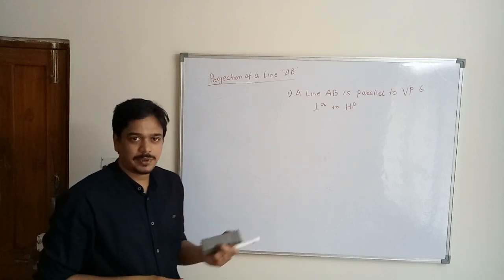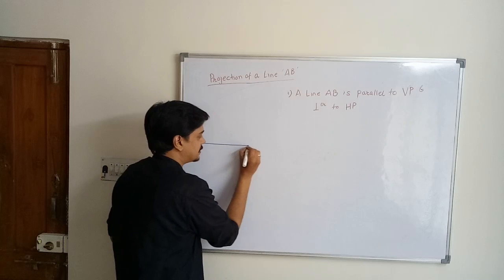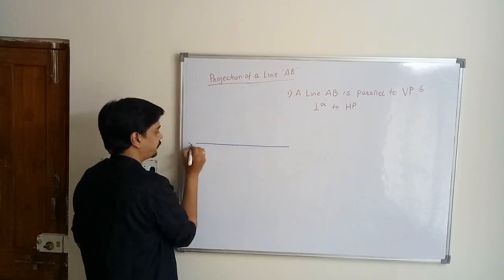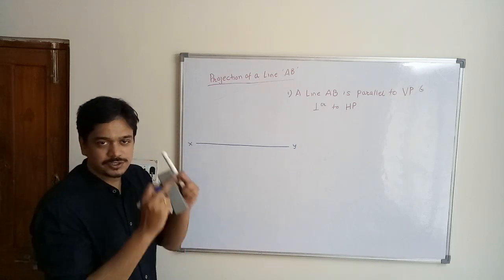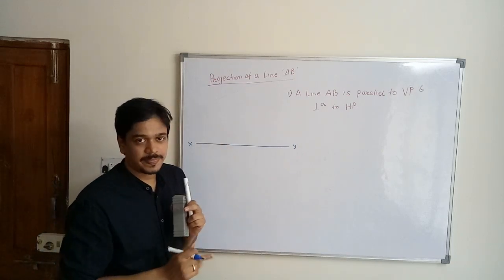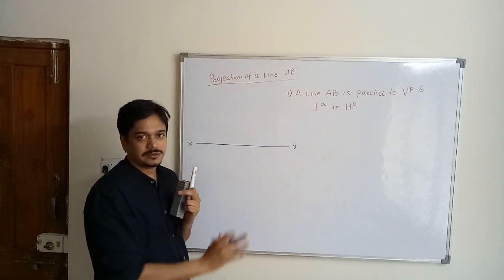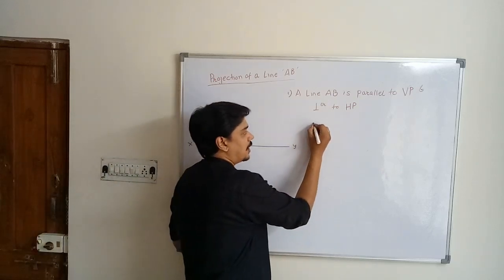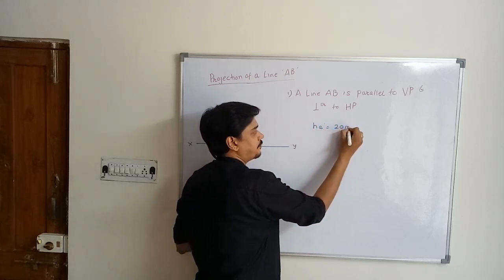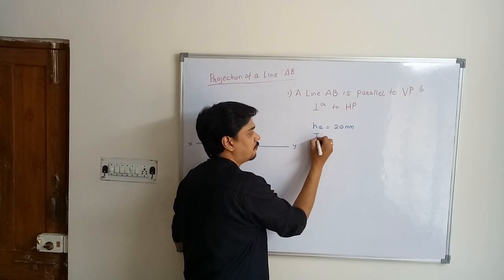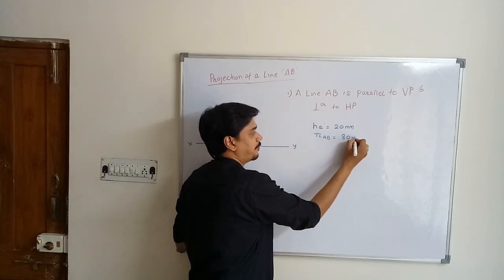So what is the first step? The first step is to draw a reference line, reference line XY. Now we will not draw the squares which you have already drawn. We will only require the reference line, which will be called the XY line. Next, the height of A dash is given to you, that is 20 mm, and the true length of line AB is given as 80 mm.